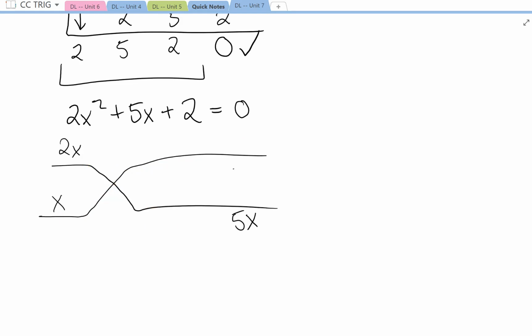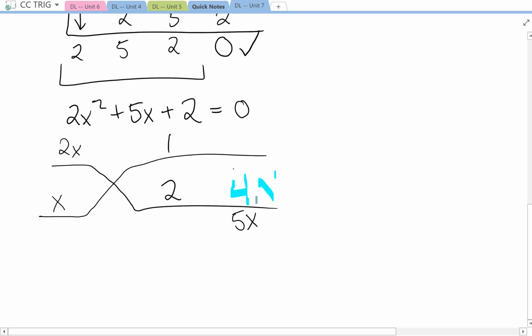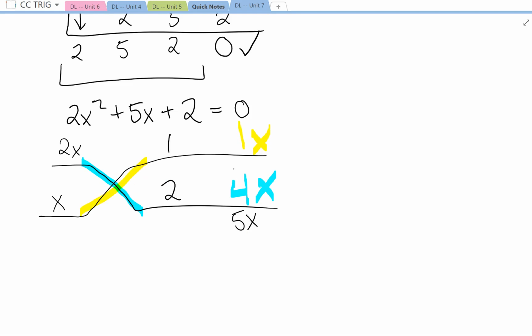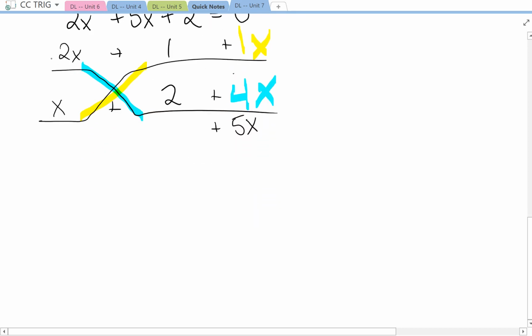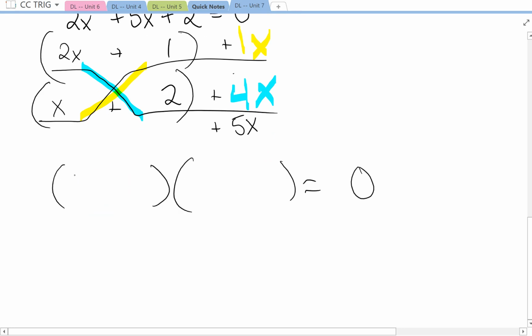So we're going to change the order of these. 2 times 2x is 4x, and x times 1 is 1x. Those do add up to be 5x if it's all plus. Okay, so top row times bottom row is how this quadratic factors: 2x plus 1 times x plus 2.